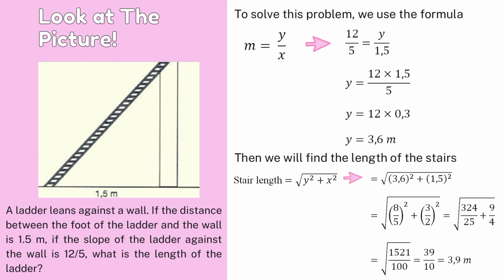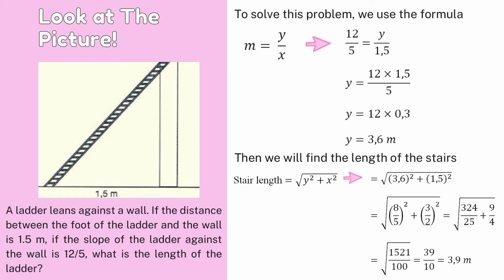To solve this easily, we can convert decimal numbers to fractions. Equals square root of (18 over 5) squared plus (3 over 2) squared. To square a fraction, square the numerator and denominator. Then equals square root of 324 over 25 plus 9 over 4.